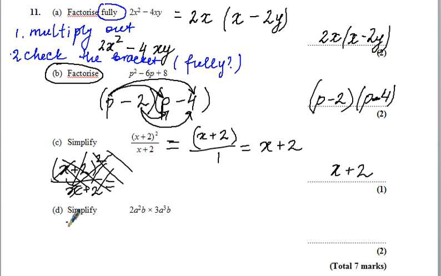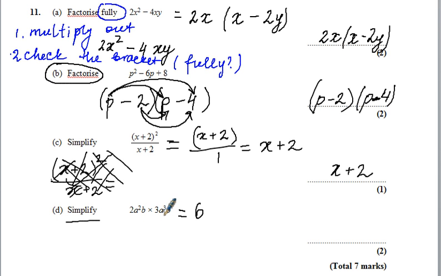And now simplify. Simplify means just simply write in a way that looks a little bit more simple. It looks like calculations, right? So you multiply 2 by a squared by b, by 3 by a cubed by b. So obviously we can multiply 2 by 3, which is 6, not 5, as some of you wrote down.